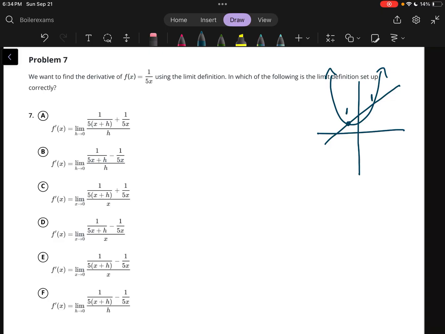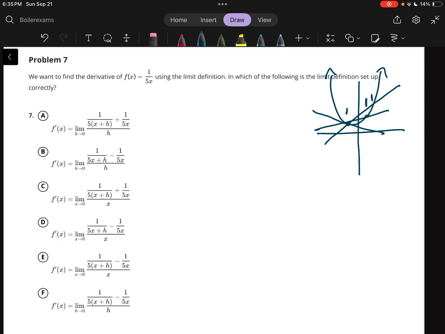So maybe I move my second marker a little bit over here, and then maybe I move it super close. As I move it closer and closer, the secant is going to become tangent to the graph, and the definition of a derivative is actually the slope of the line tangent to your graph.